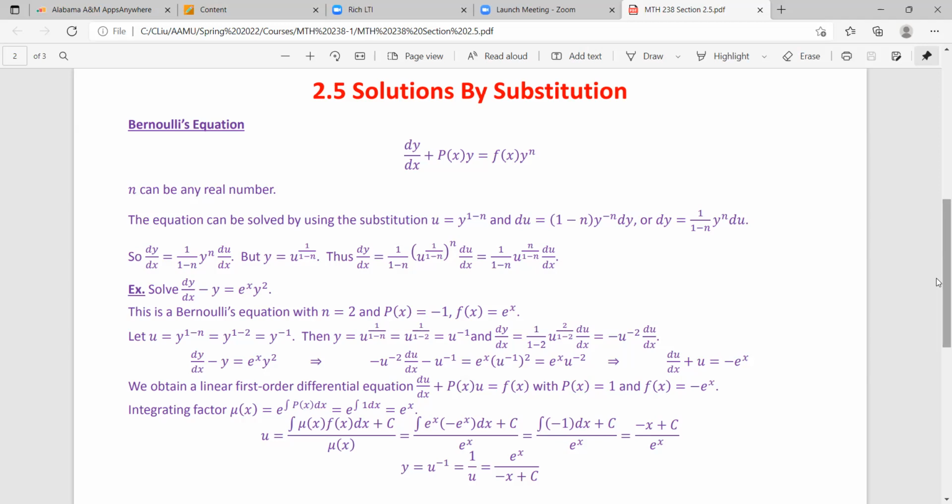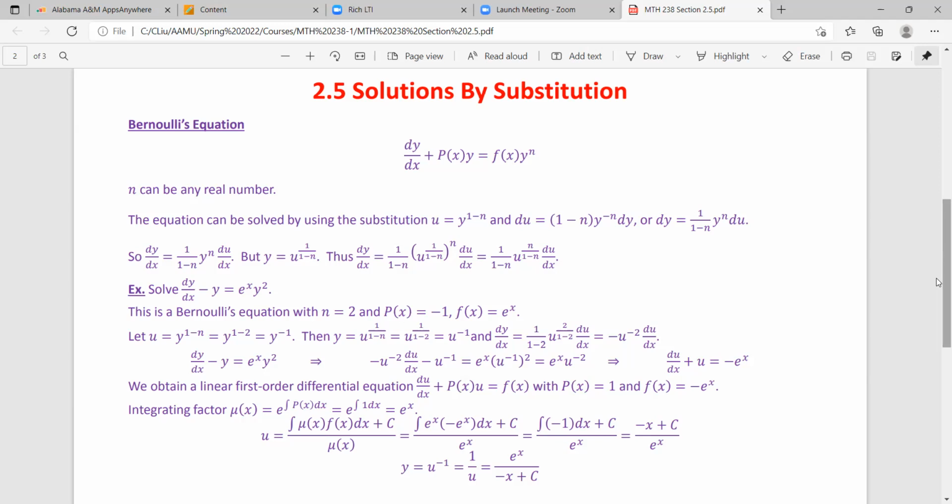All right. So then what you do is just multiply u squared on both sides and get rid of this u to the -2 and u to the -1 in the equation. And then multiply by -1 on both sides.